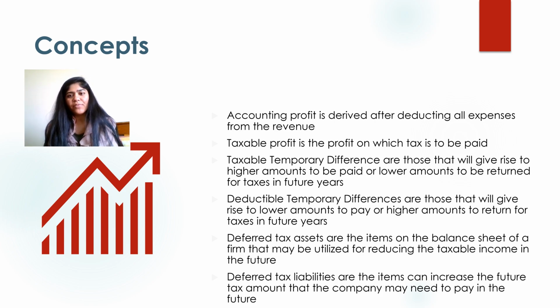Taxable temporary differences are those that will give rise to higher amounts to be paid or lower amounts to be returned for the taxes in future years. Deductible temporary differences are those that will give rise to lower amounts to pay or higher amounts to return for the forthcoming years.